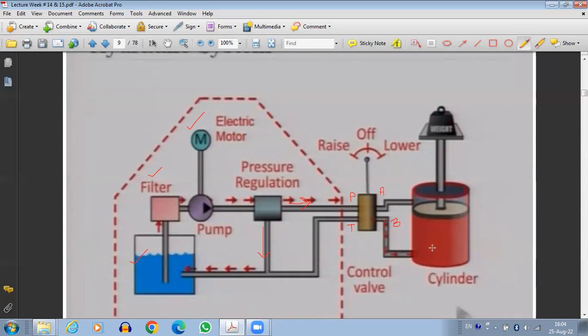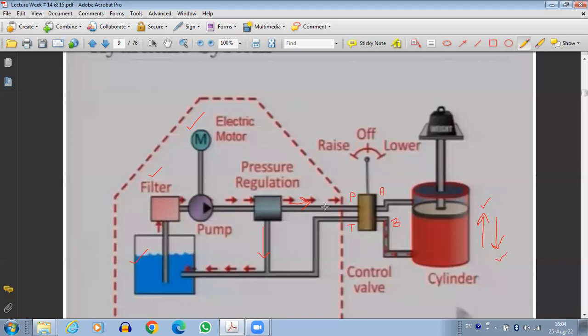One state is if we want to expand the cylinder. When the cylinder is expanded, the piston is going to move in the upward direction. The other is if we want to retract the cylinder. When the cylinder is retracted, the piston is going to move in the downward direction. So this is for the case of expansion, and this is for the case of retraction.